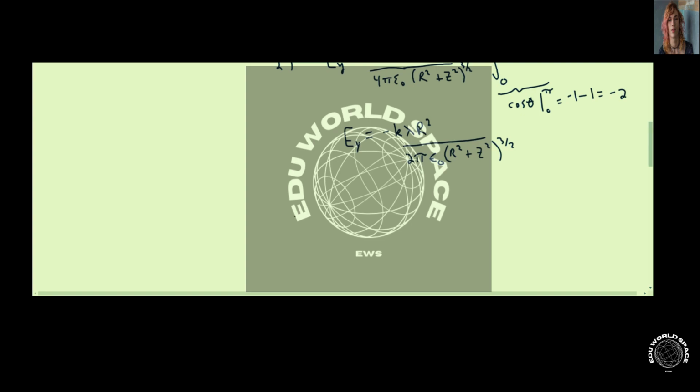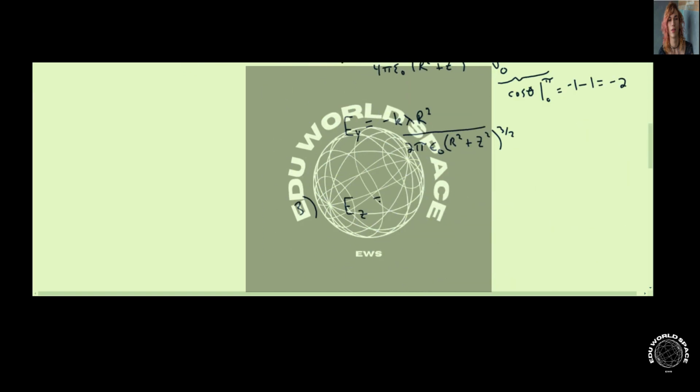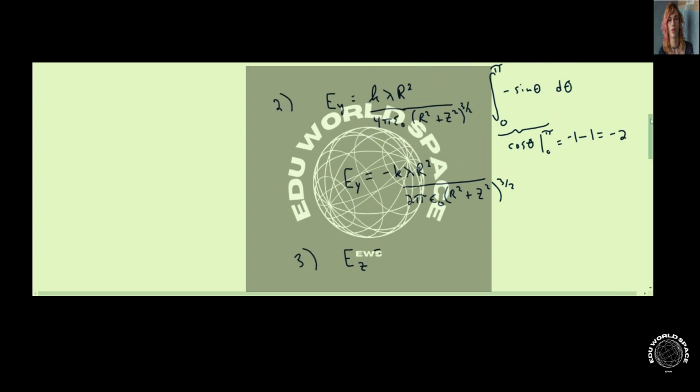Okay. And finally, the z component is probably the easiest, because we see that it does not involve theta at all.